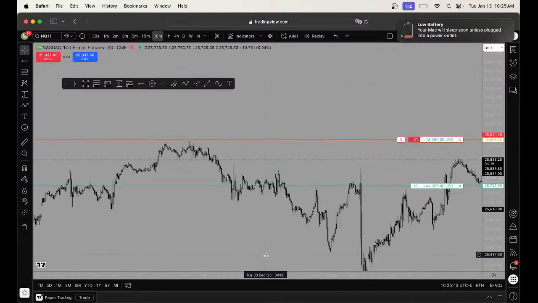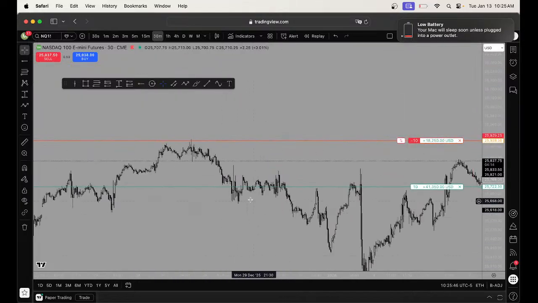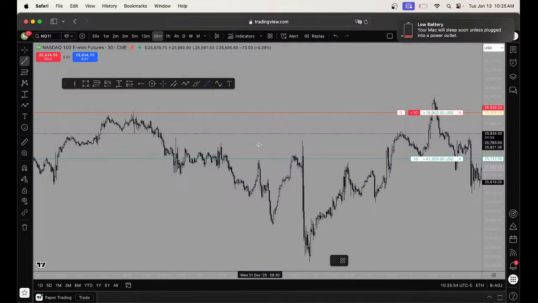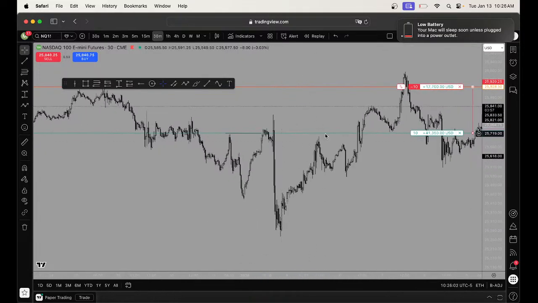Because uptrend: higher high, higher low, higher high, higher low. You could view this as a market structure shift: higher low, higher high, lower low, higher high, and then from here I probably want to see a lower low, but we didn't do that.